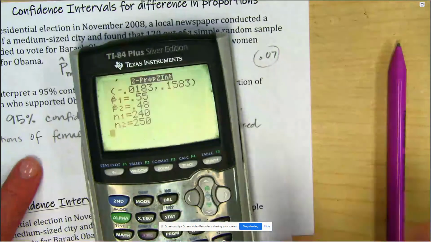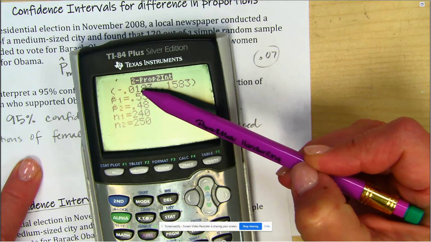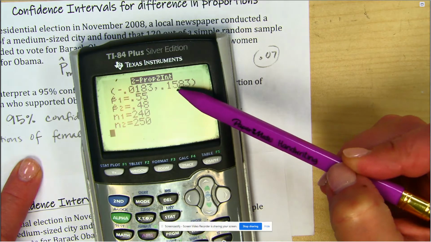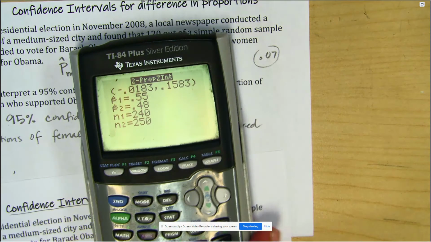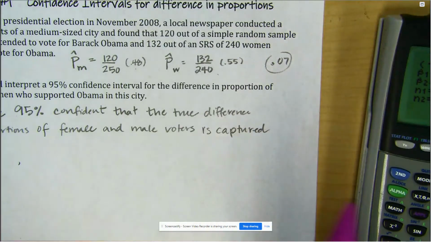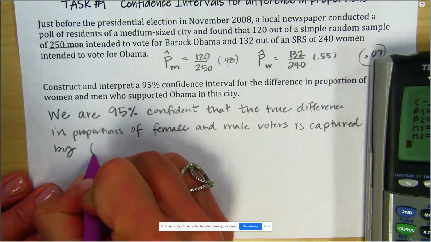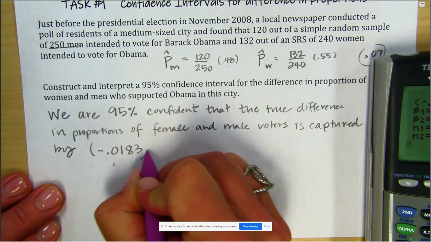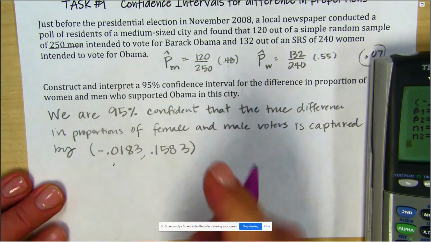There is the interval right here. This would be the men being a little bit higher, and this would be the women being higher. Okay, so it's captured by negative 0.0183, comma, 0.1583. And again, this isn't on the curve.